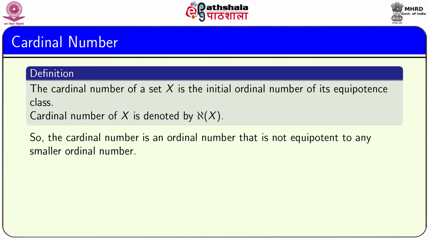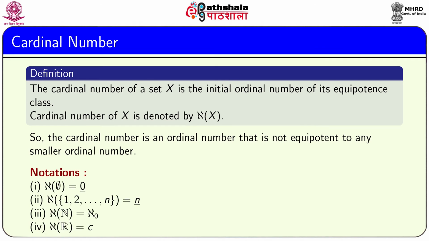So, the cardinal number is an ordinal number that is not equipotent to any smaller ordinal number. We use the following notations: aleph of the empty set is equal to 0, that means the cardinal number of the empty set is 0. The cardinal number of a finite set 1 to n is n, that means the number of elements of the set coincides with the cardinal number of the set for a finite set.